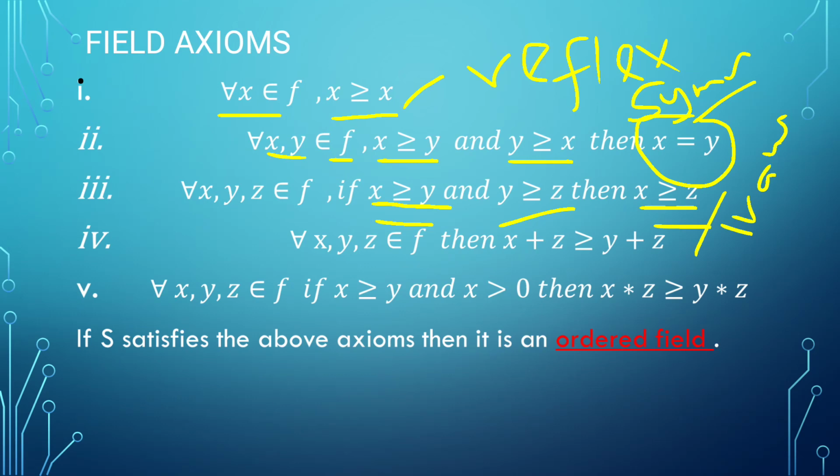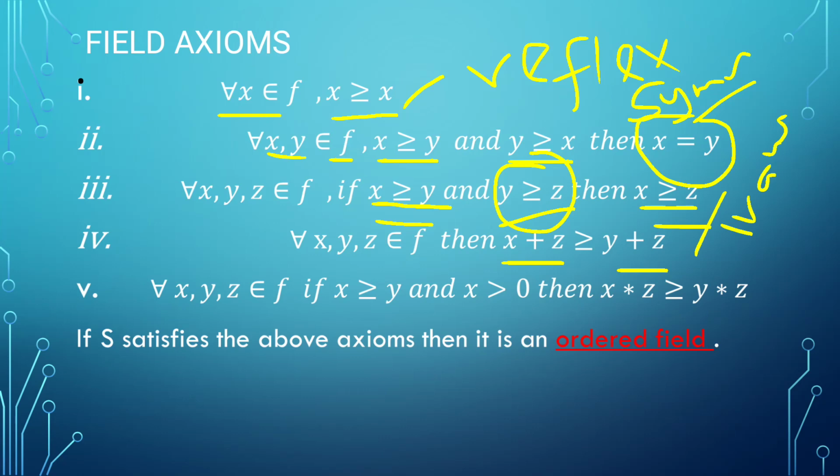Let's look at 4. If x is greater than or equal to y, then x plus z will be greater than or equal to y plus z. This is basically from the transitive sign.